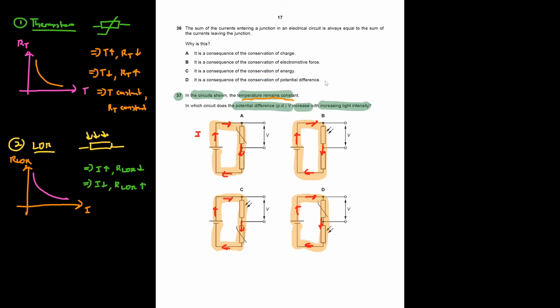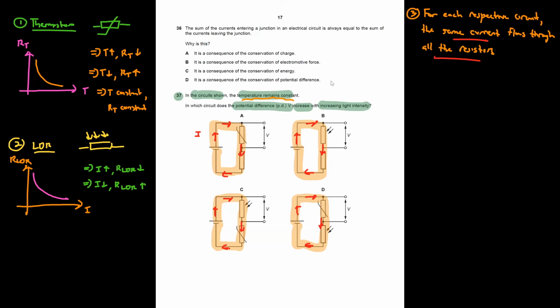Now from here, you can draw one conclusion. For each respective circuit, the same current flows through all the resistors. Meaning if you look at answer choice A, the same current flows through these two resistors.